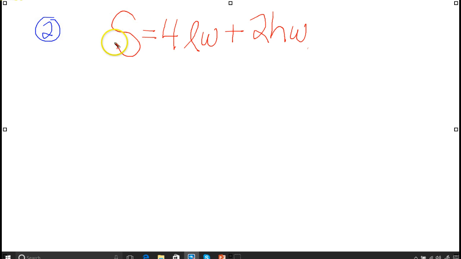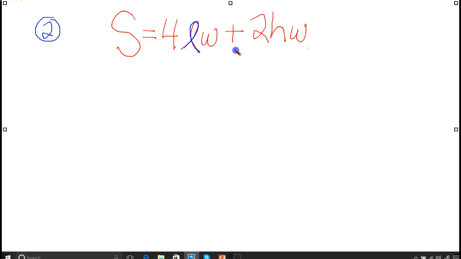This is a capital S equals this, and we want to solve for the letter L. So we'll give you a moment to write this down. Now again, in solving for a particular letter, we want to isolate that letter on one side and then everything else on the other side.